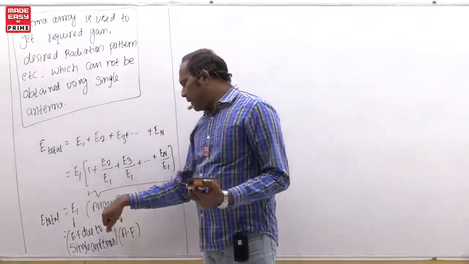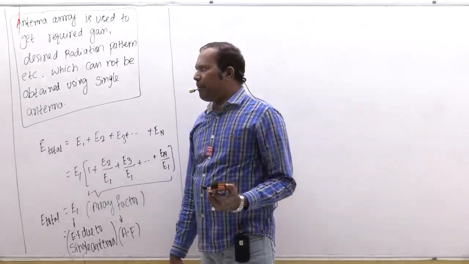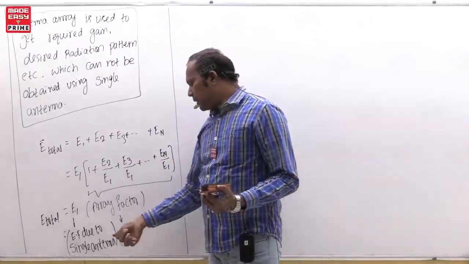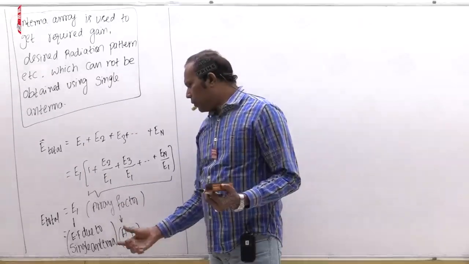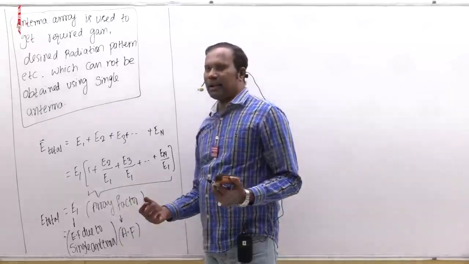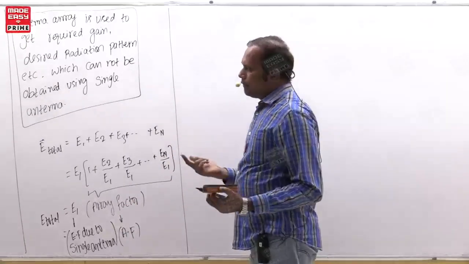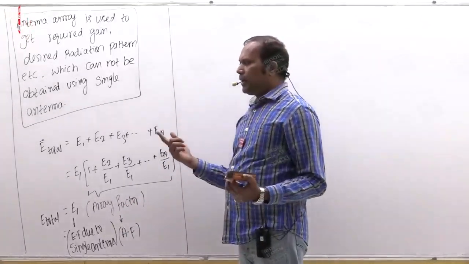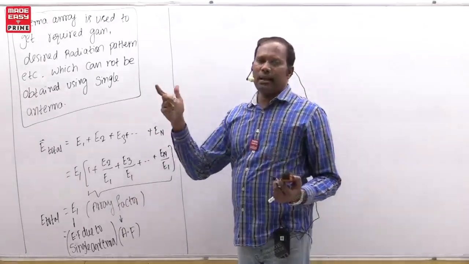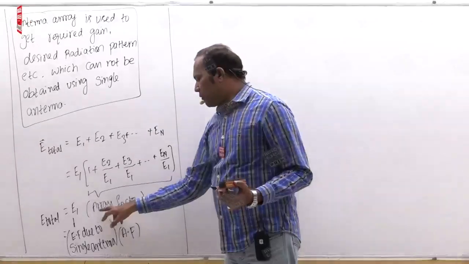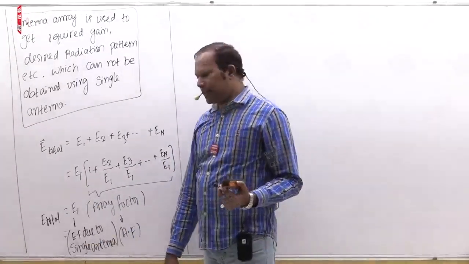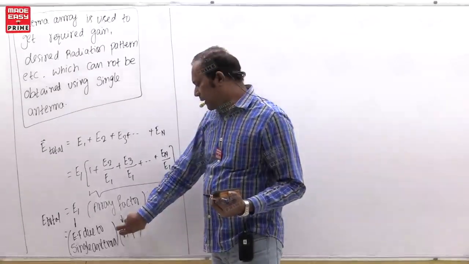But anyway, here we will be taking same magnitudes of currents and same distance between the antenna elements. So I want to tell you, our focus should be on array factor, because inside the array factor, the number of antennas and the angle between current elements alpha, all terms come. If you change them, then this value is going to change. Then overall electric field value is going to change. Our focus is here, array factor.